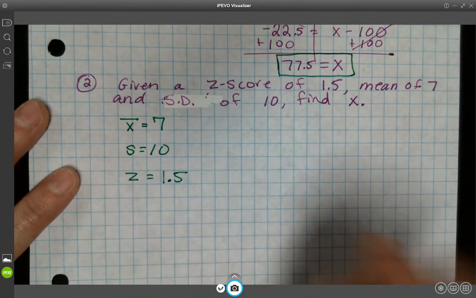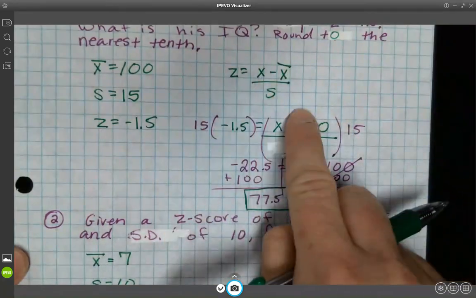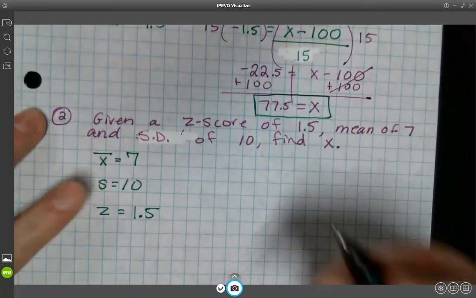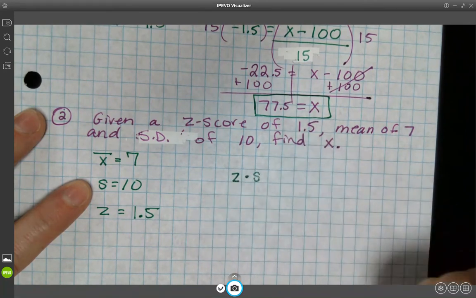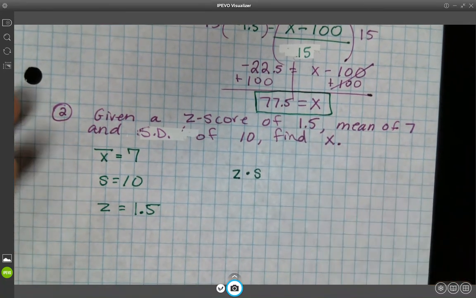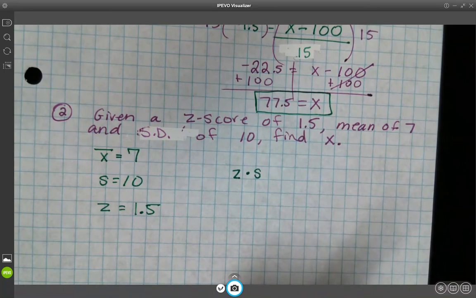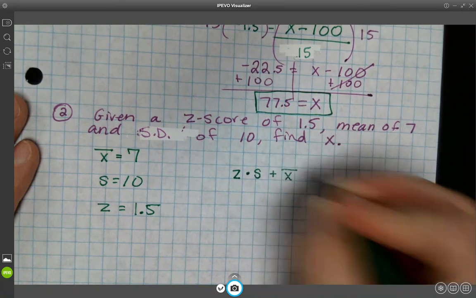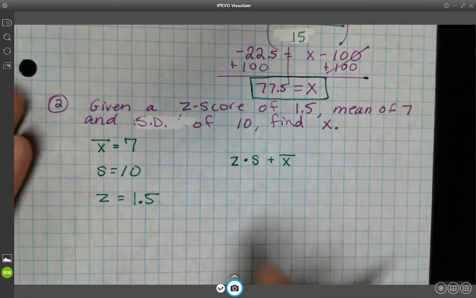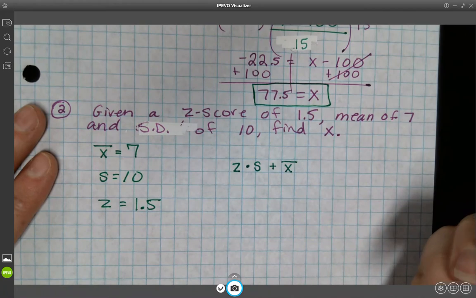Instead of working it backwards this way, we could just multiply our z times our standard deviation and then either add it to our mean or subtract it from our mean, depending on if it's a positive or a negative. So you do plus x bar. That would be one way of working it out if you don't want to use that formula.